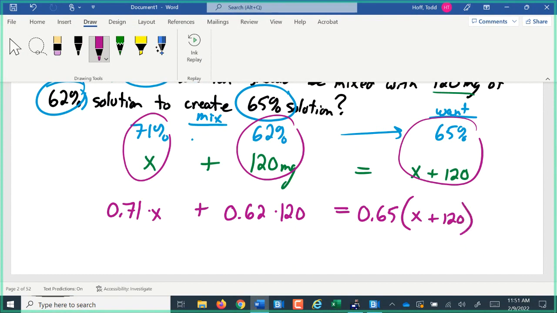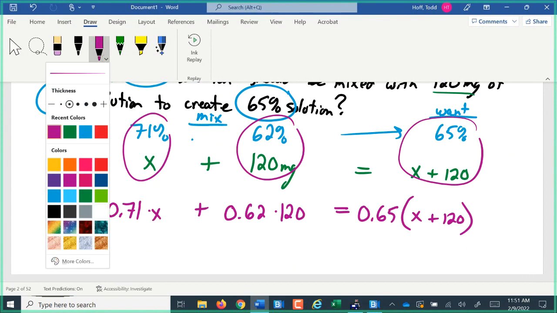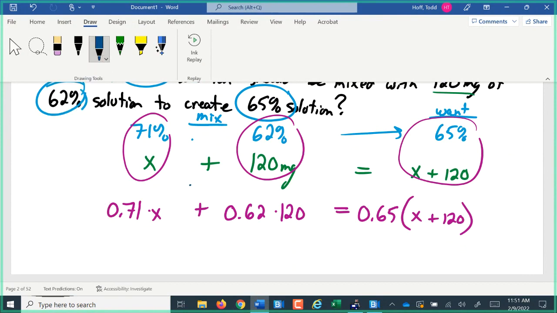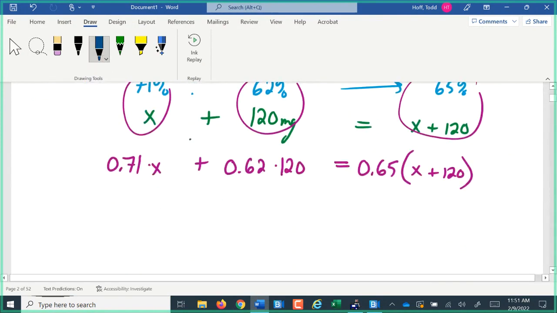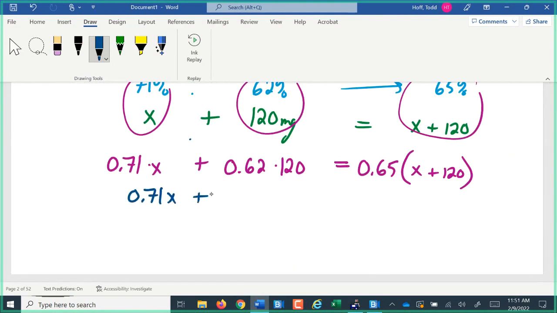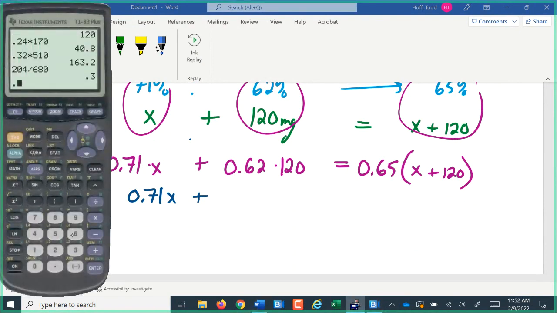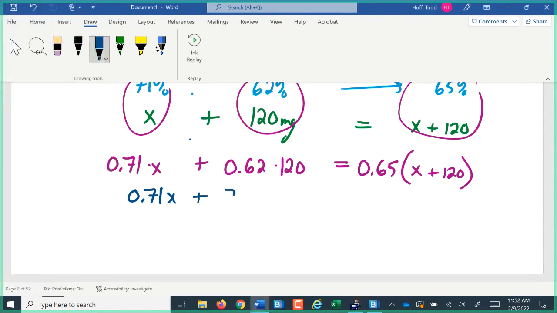And once again, we have an equation we can solve. As always, we'll start by combining what we can on either side. On the left side, well, the 0.71x isn't going to change, but we do have 0.62 times 120, which is 74.4. On the right side, we have the parentheses.